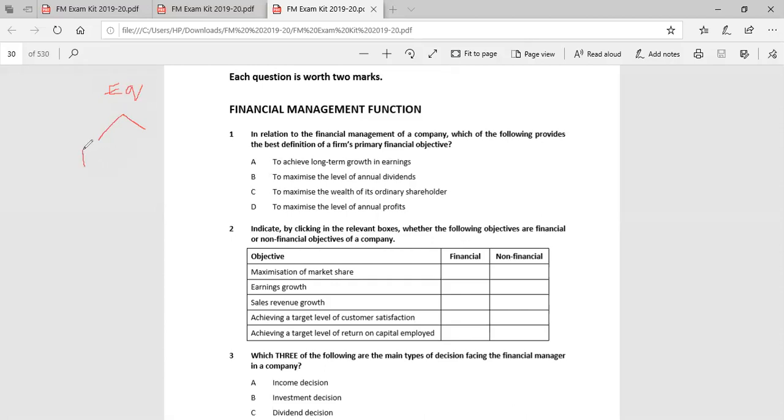One type of capital we call preferred share capital. The other one is without any preference, also called ordinary or common shareholders.